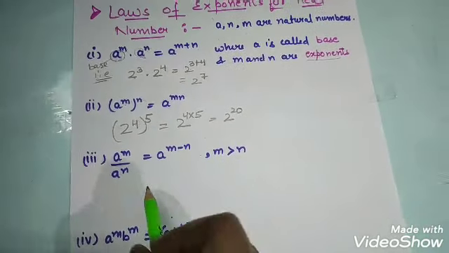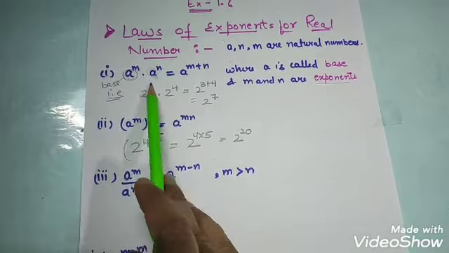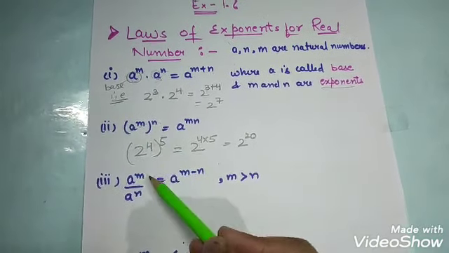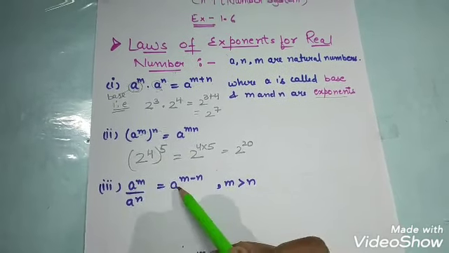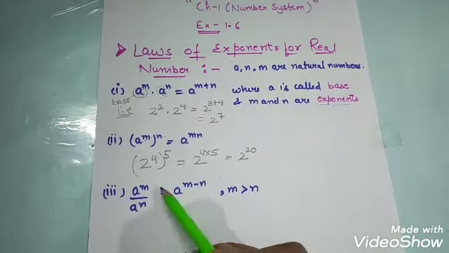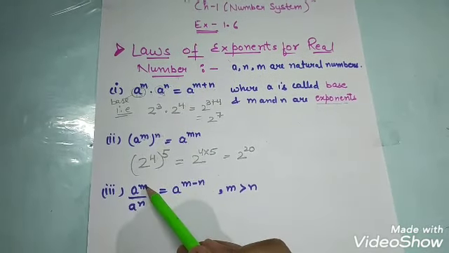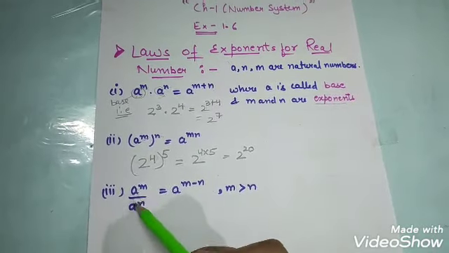Got it? Next one is a case of division. Here it was multiplication. When a to the power m is divided by a to the power n, and m is greater than n, then n will be subtracted from m, if the bases are the same.